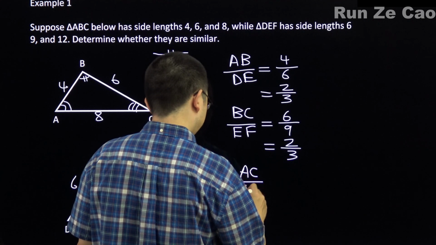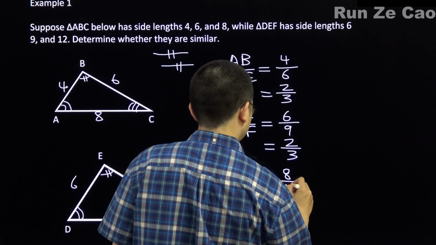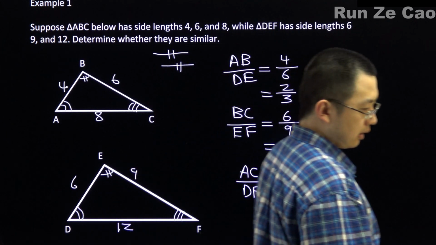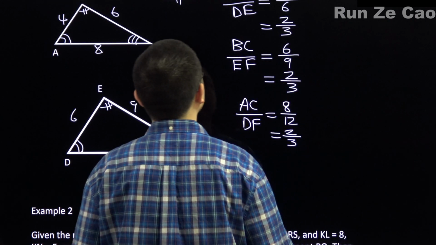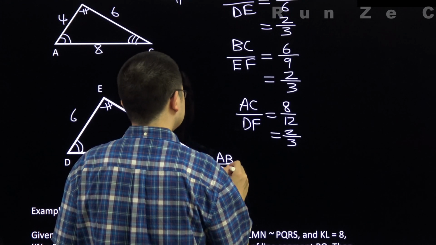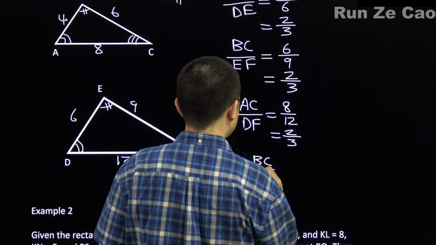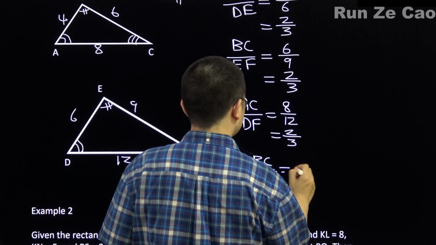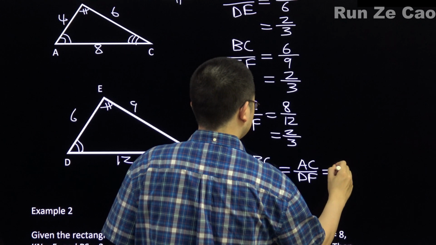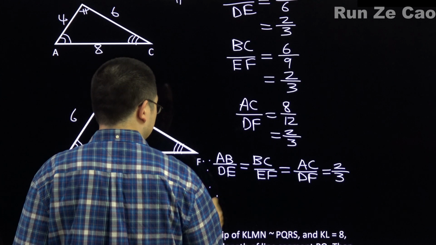AC over DF is equal to 8 over 12, which is equal to 2 over 3. Okay, then we've shown that AB over DE is equal to BC over EF is equal to AC over DF, which is all equal to 2 over 3.